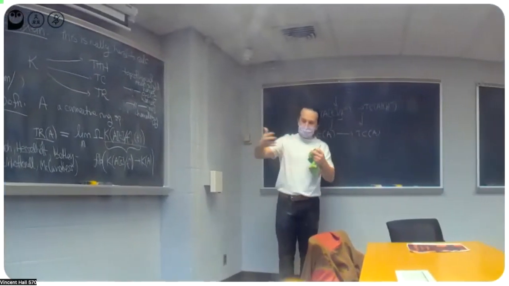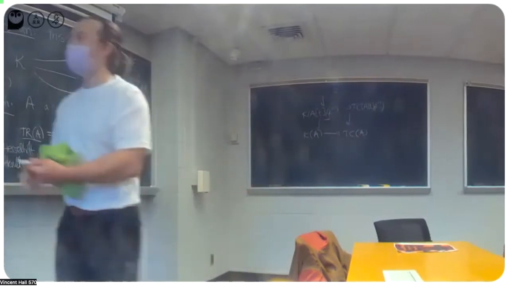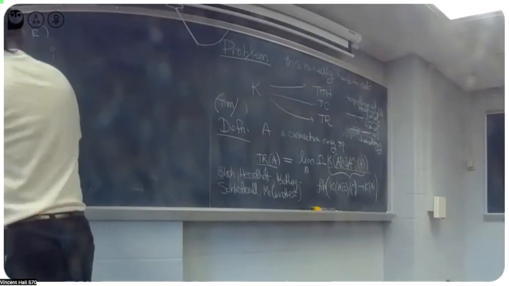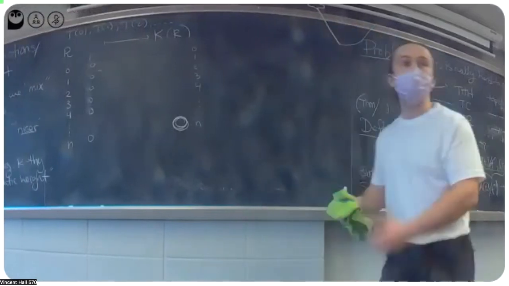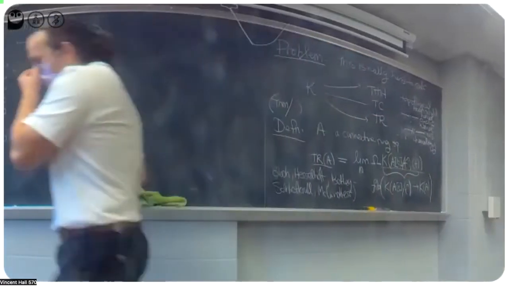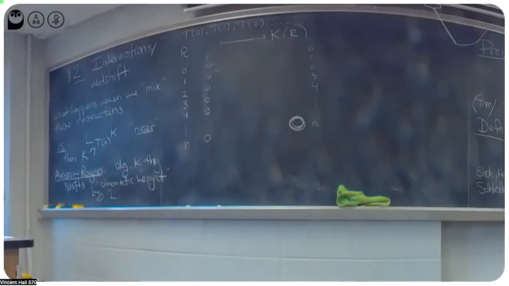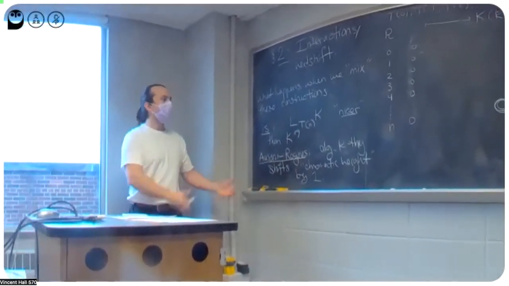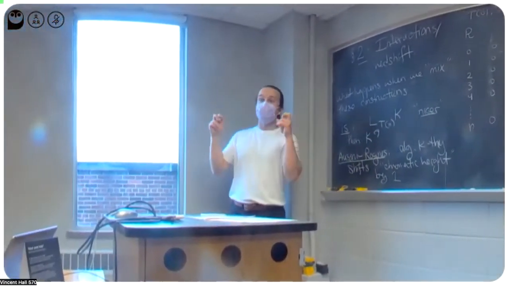And so in particular, we're going to get a big fat 0 in degree n when we take algebraic K-theory. So this is roughly the Ausoni-Rognes so-called redshift philosophy.